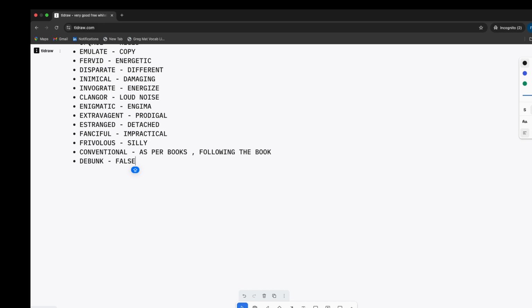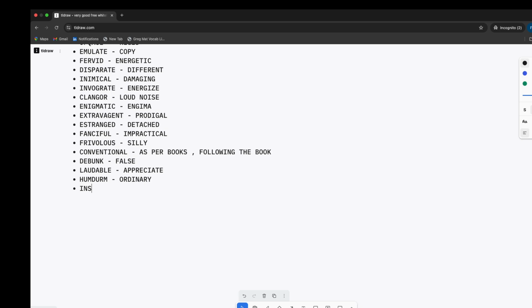Okay, laudable is something that is worthy of admiration, right? To appreciate. And then you have humdrum, which is ordinary.